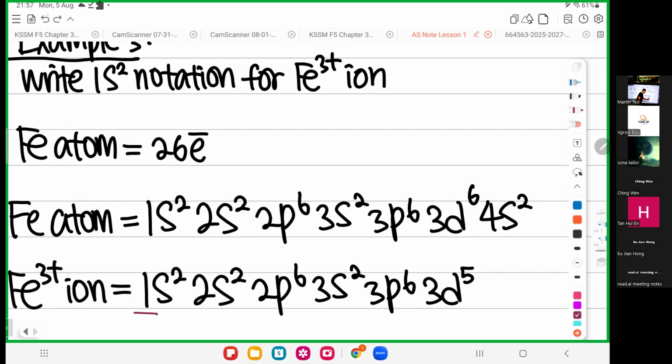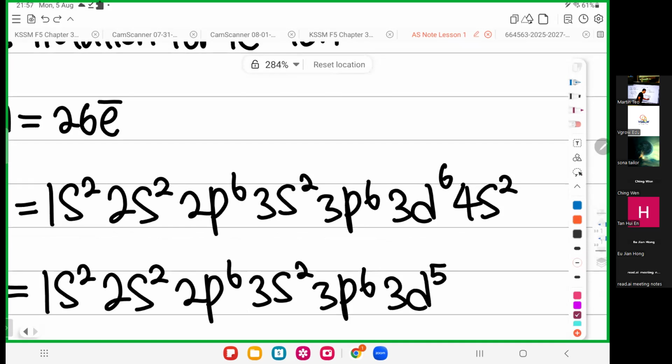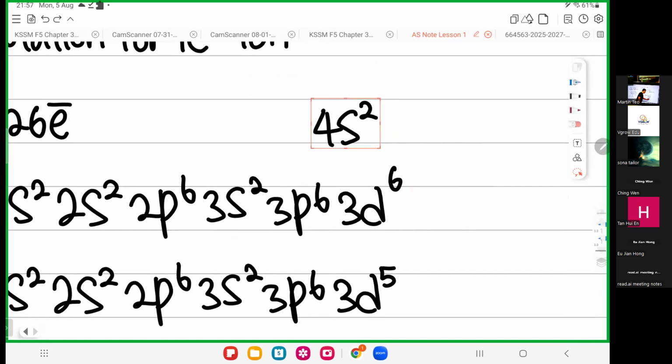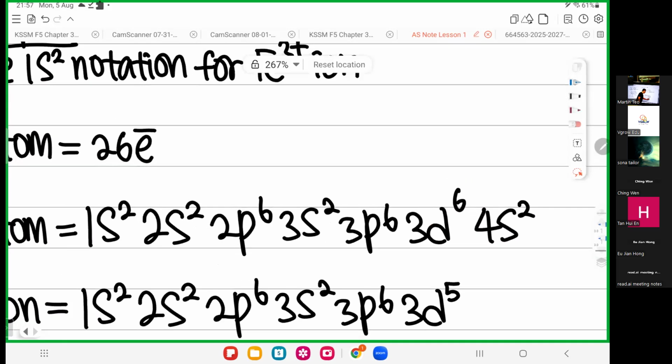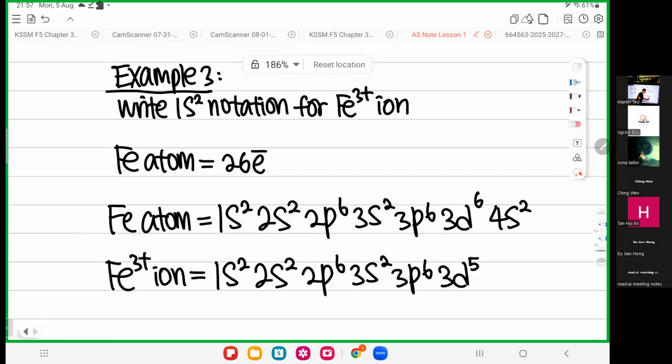Very nice. So you see, don't beautify before you donate or receive electrons. Sorry, my bad. I should say it like this: only donate or receive electron after you beautify.